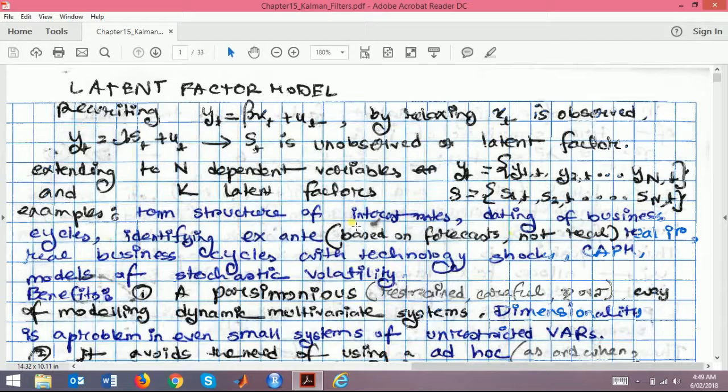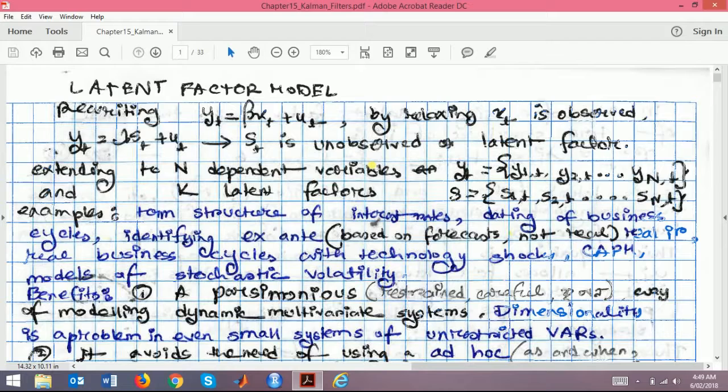So let's delve into latent factor models. Rewriting y equals beta xt plus ut is a regular equation, as we know, where x is observed, right? However, if we rewrite this equation as y equals lambda st plus ut, in place of beta xt, st is an unobserved or latent factor, because here st is not a direct measure of x, it's an indirect measure of x.